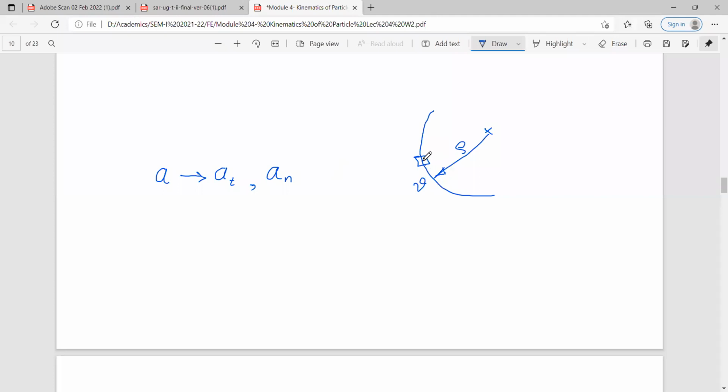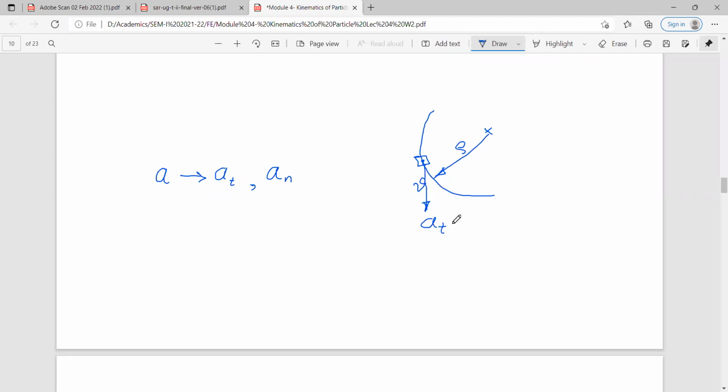So if velocity, for example, at this particular point has this direction, okay, so in same direction the tangential component of acceleration will also be there. So here we will show that it is the direction of tangential component along the direction of velocity.